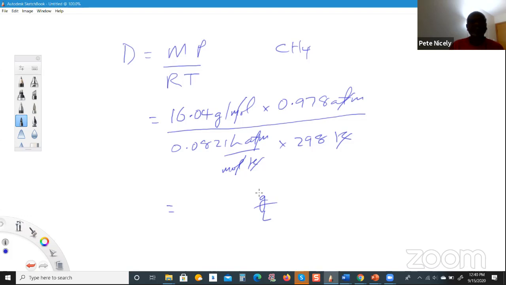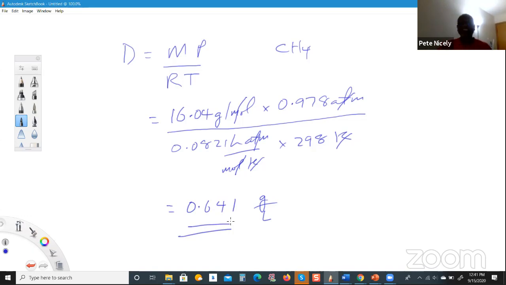Then I'm going to multiply 16.04 by 0.978 divided by 0.0821 divided by 298. So the answer I got, how many sig figs? Three sig figs. So the answer is 0.641 grams per liter. So that's how you do that.